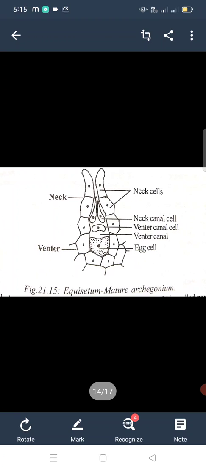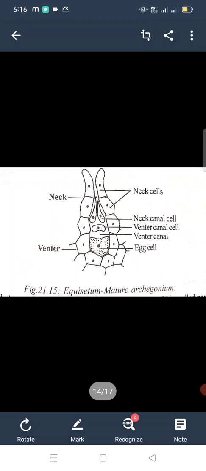It varies from pinhead size to 8 mm in diameter, and there is no subterranean portion in the gametophyte. They are semicircular in outline.